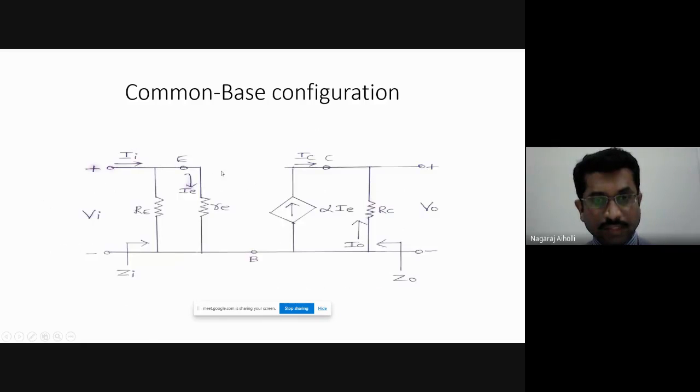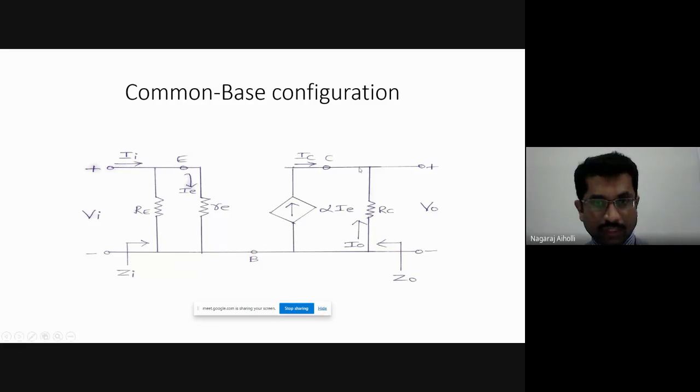Next, for the common emitter and common collector configurations, we have beta IB. Remember, for the common base configuration, we have alpha IE. The current gain is given by alpha equal to IC upon IE for the common base configuration, whereas for common emitter and common collector it is IC equal to beta into IB.